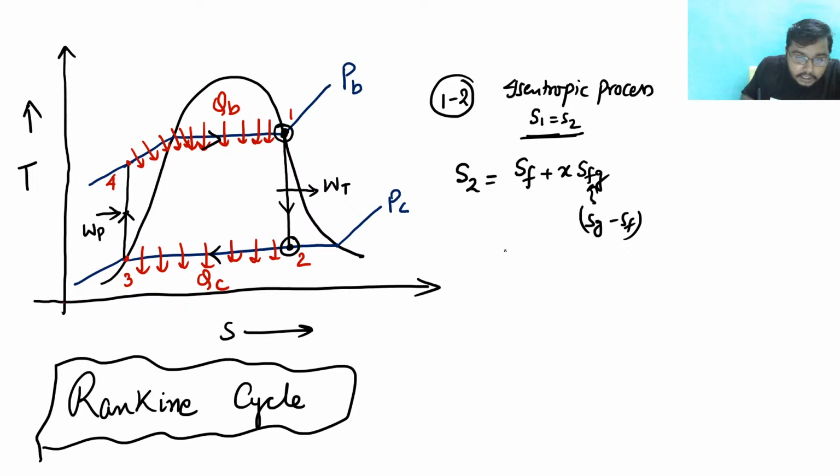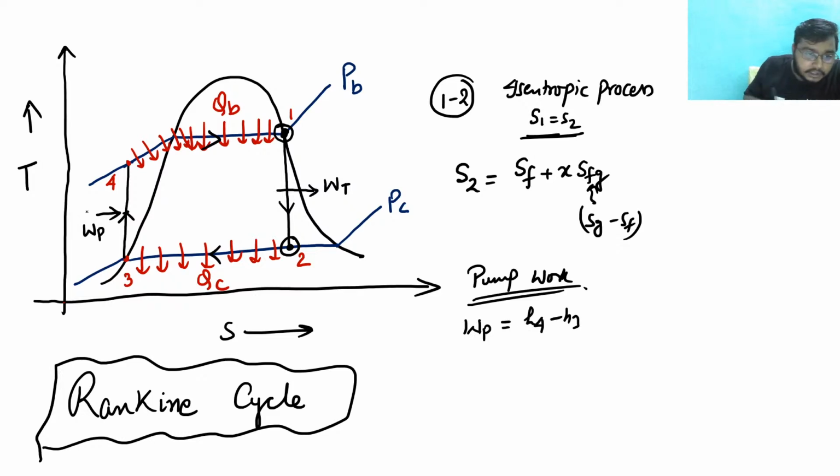Now let me talk about the pump work. So what is the pump work? We know that WP is equal to H4 minus H3.